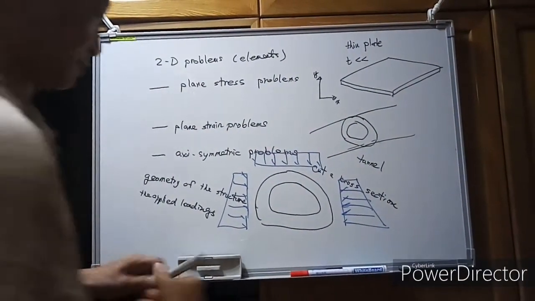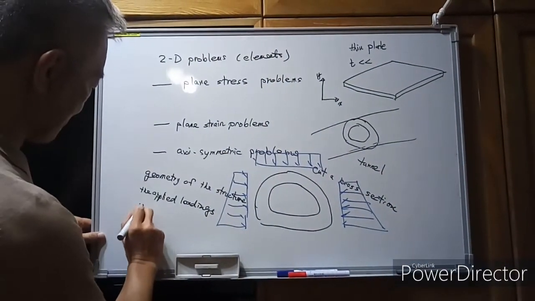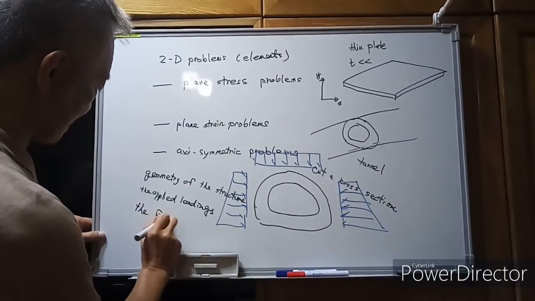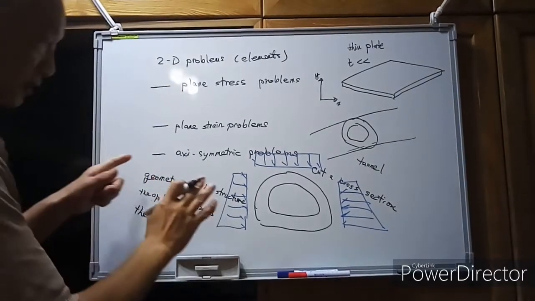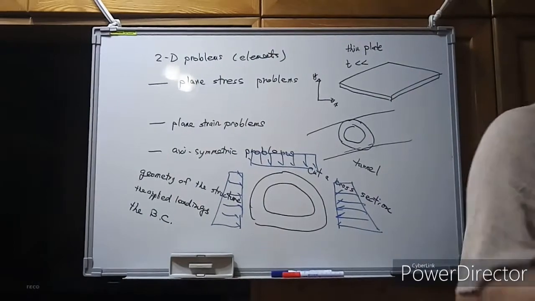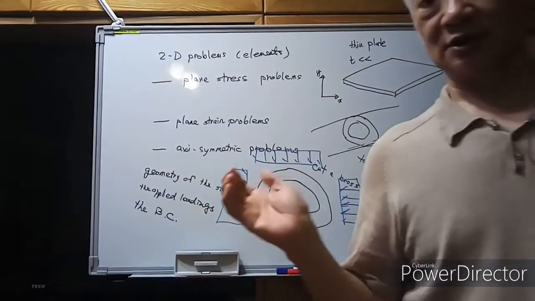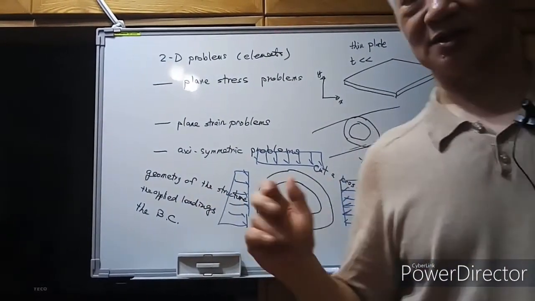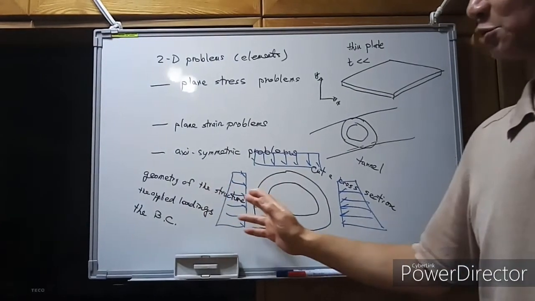Also, the third thing is the boundary conditions. So there are three items: the geometry of the structure, the applied loadings, and also the boundary conditions.